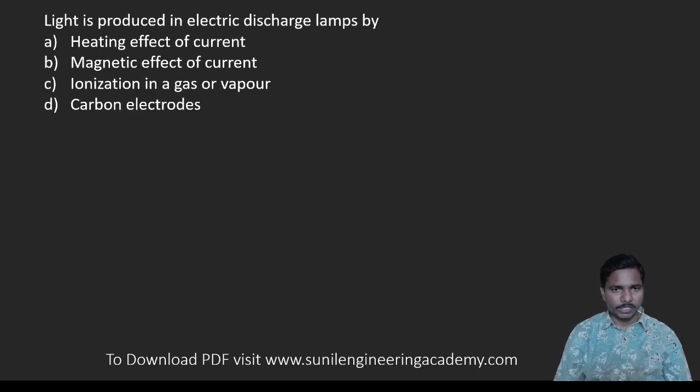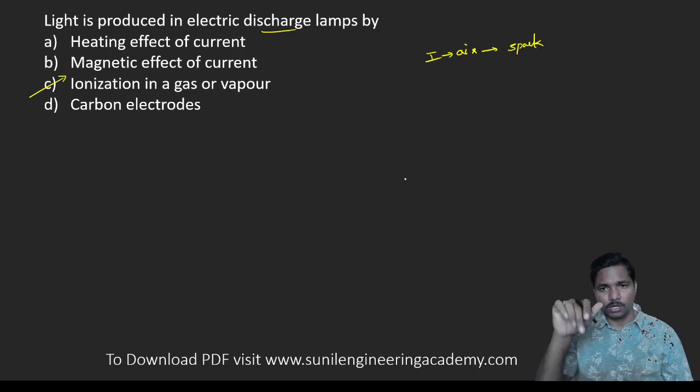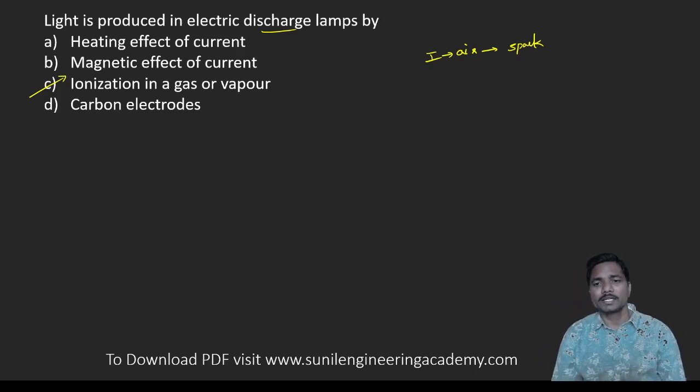Light is produced in electric discharge lamps by ionization of gas or vapor. We know very well that whenever current passes through air, we get a spark. Whenever there is a loose contact of a switch and we try to switch on, we may get some spark.